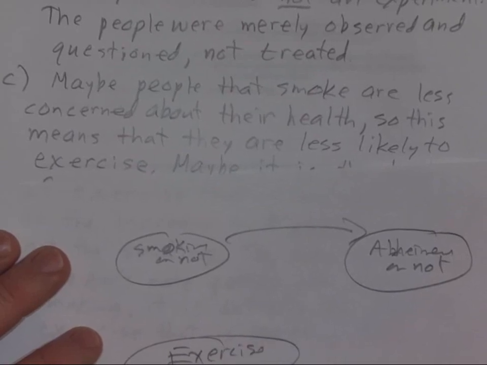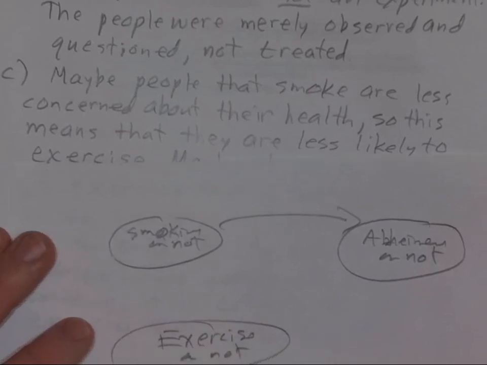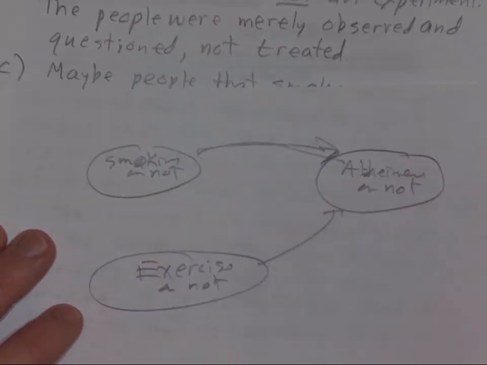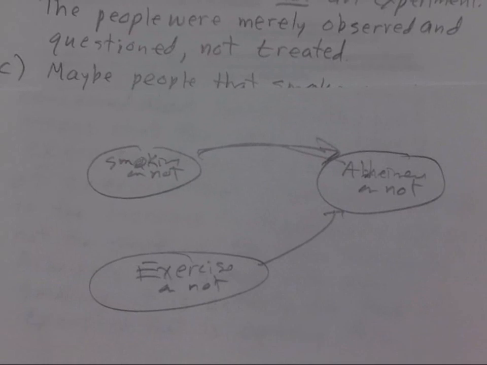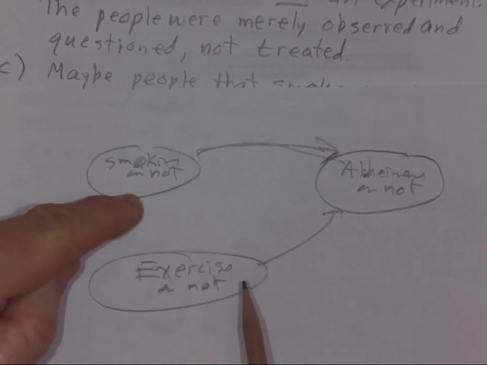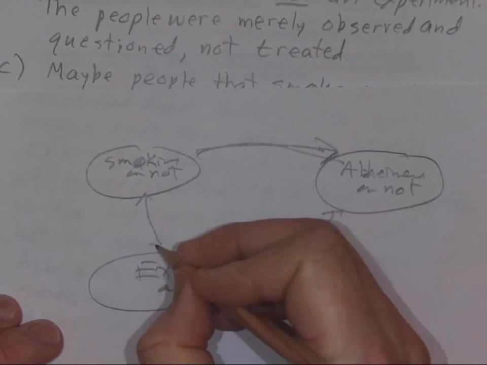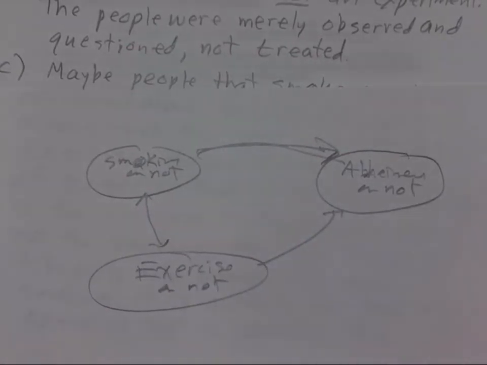A lot of people would make this connection. They would say maybe people that exercise more are less likely to get Alzheimer's, but they would leave out that you have to state, hey, maybe people that smoke are less likely to care about their health, and so therefore they're less likely to exercise. You have to give somewhat of a reason.